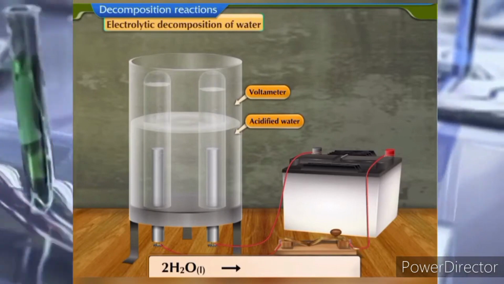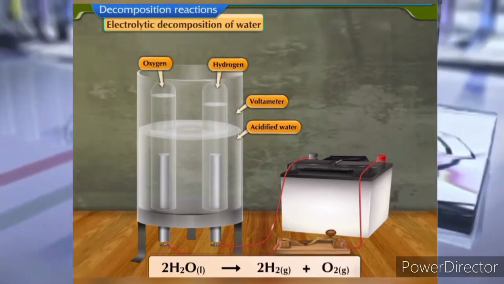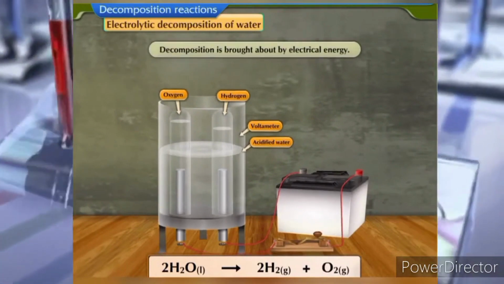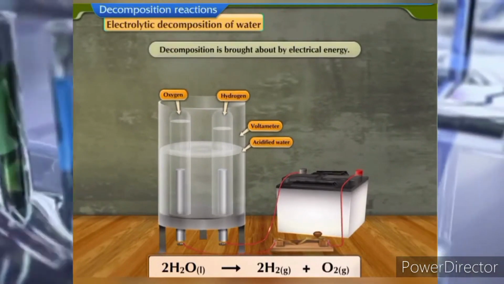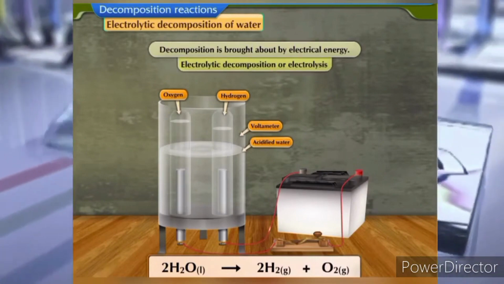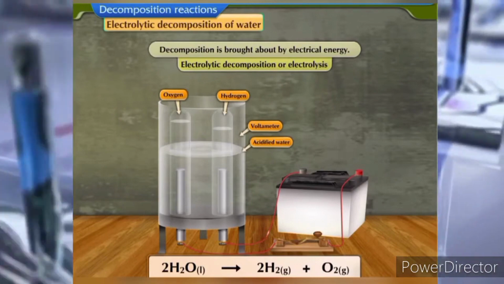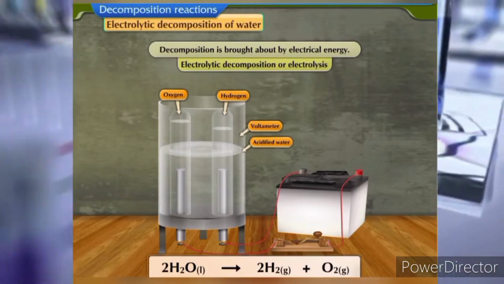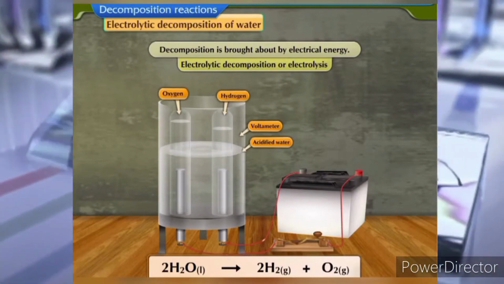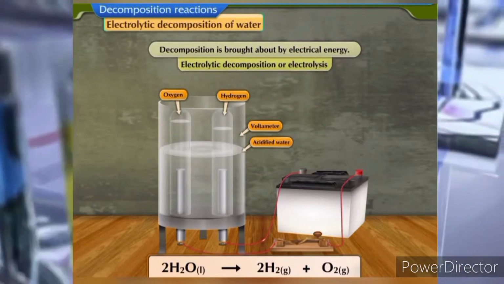Water splits or decomposes into hydrogen and oxygen. This decomposition is brought about by electrical energy. Hence, this reaction is known as electrolytic decomposition or electrolysis. Water can be decomposed into hydrogen and oxygen by the process of electrolytic decomposition.